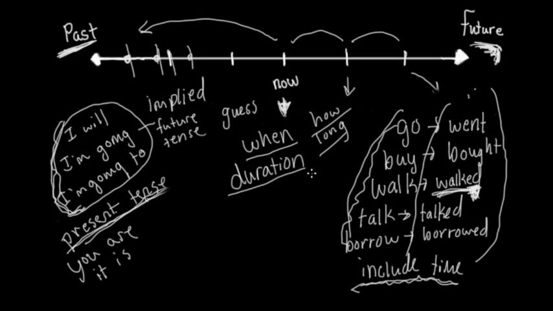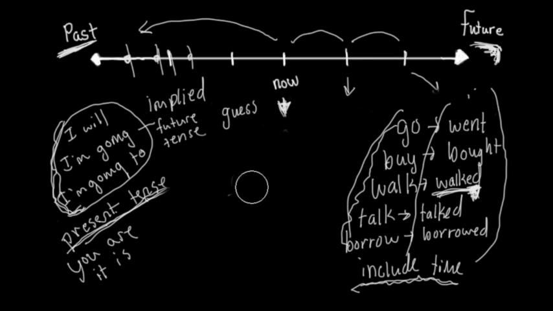How long it happened. So let's look at a couple of examples of that. I slept. Now, slept is the irregular past of sleep. I slept for 16 hours.